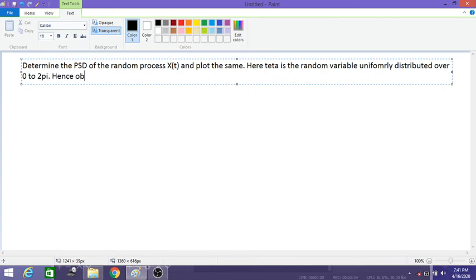Hence obtain the average power of x of t. And if the frequency becomes 0, x of t is equal to A, that is a DC signal. So obtain the PSD and autocorrelation. This is the question given here.